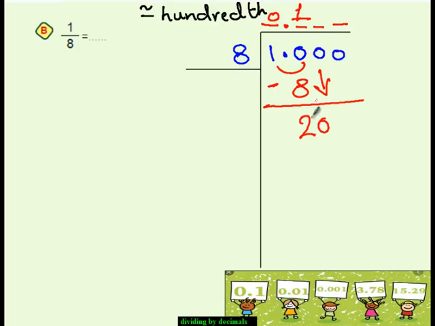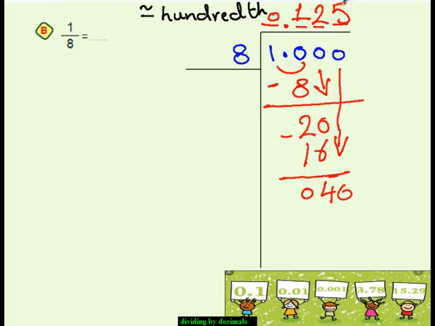20 divided by 8, it will be 2, 2 by 8, 16. And then I'm gonna subtract. 20 minus 16 will be 4. And then here 0, and I'm gonna drop down the 0. 40 divided by 8, it will be 5. 5 by 8, it will be 40.